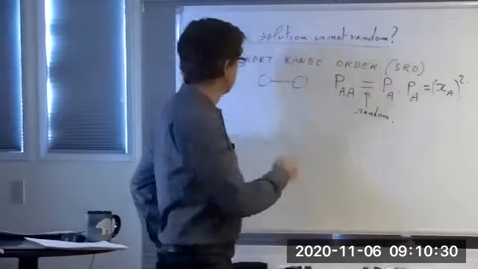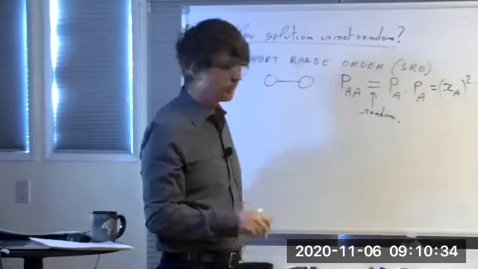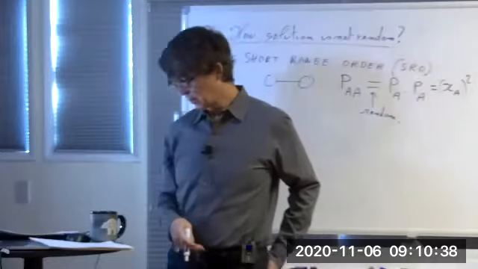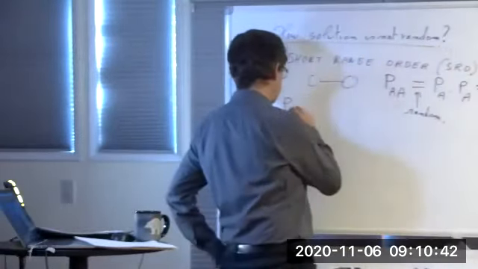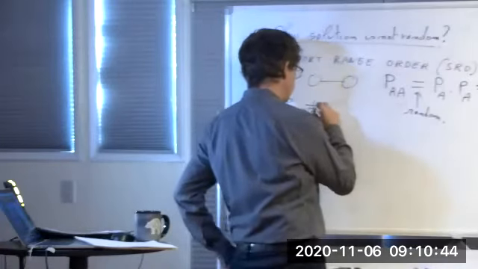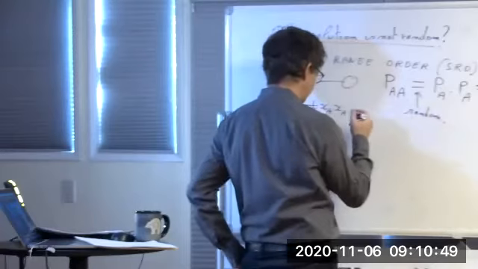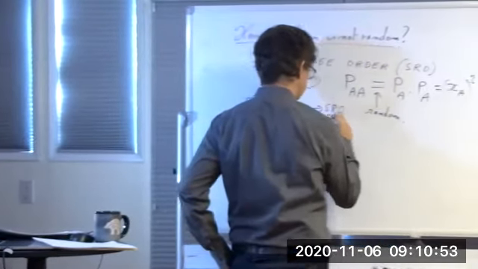Right, because that's what random means: what I put here has no relation to what I put there. There is no energetic preference. So short range order is simply the statement that this is not true. So when PAA is not equal to XA squared, then you have what's called short range order.